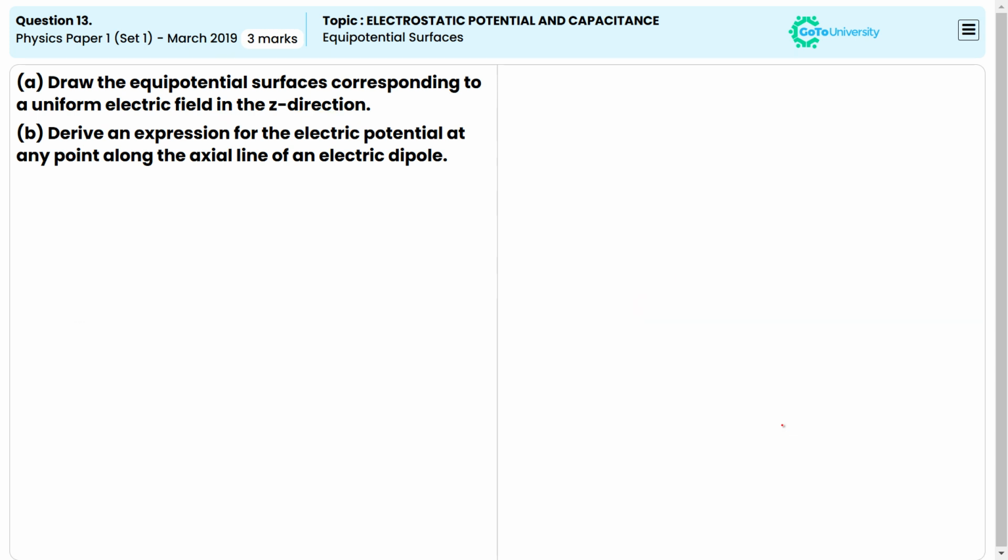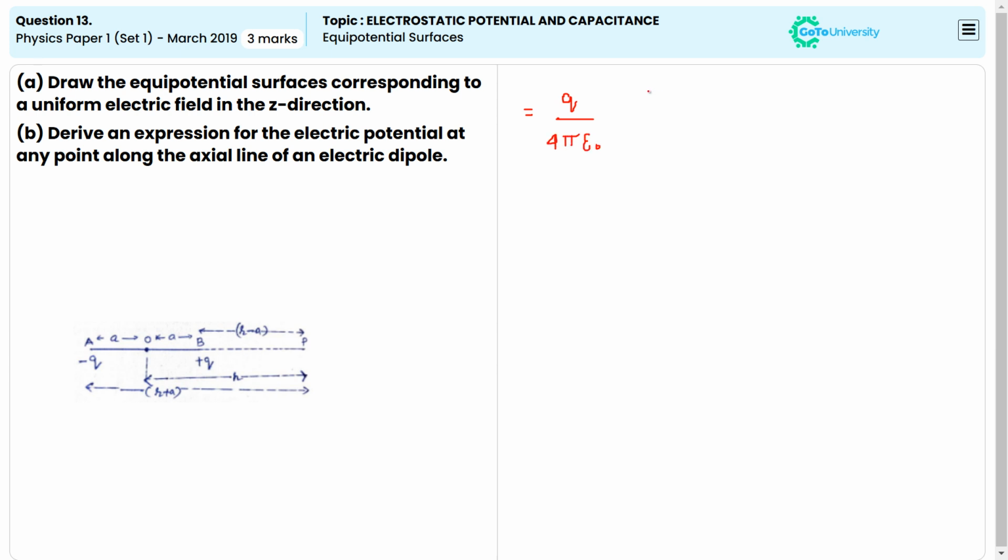Then we can write the same as Q upon 4 pi epsilon naught.